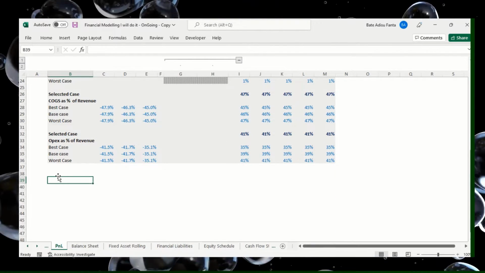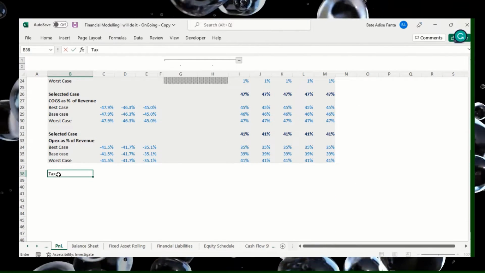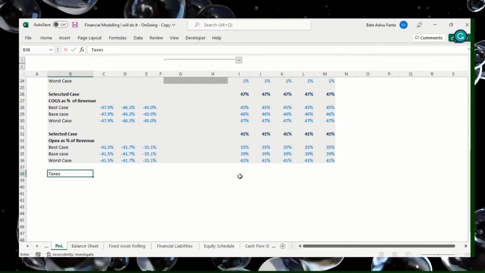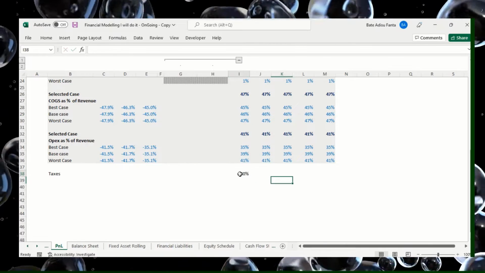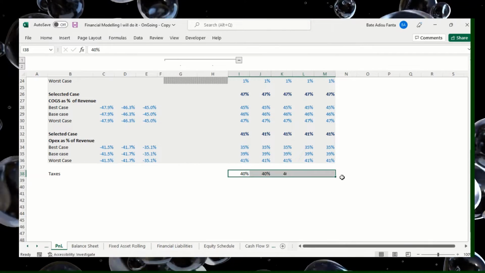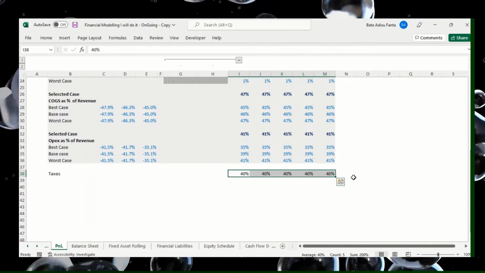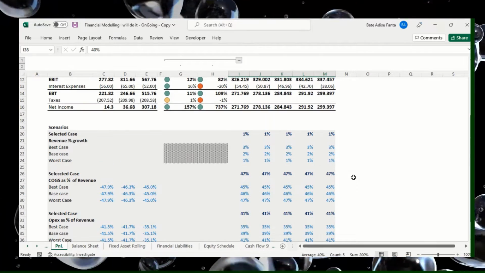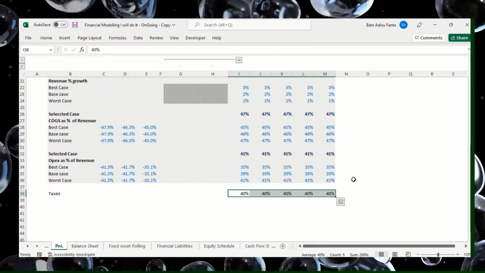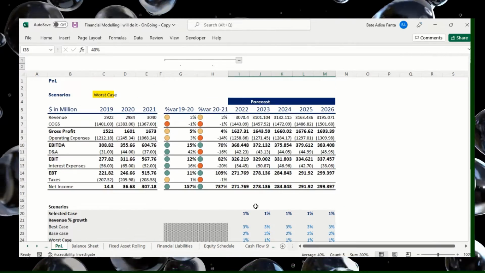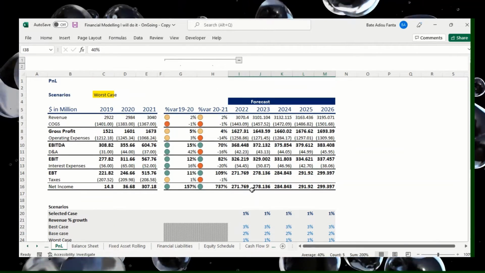So let's assume that the company pays 40%. So we expect that the company is going to pay 40% tax rate in the coming 5 years. So let's calculate tax based on this tax rate.